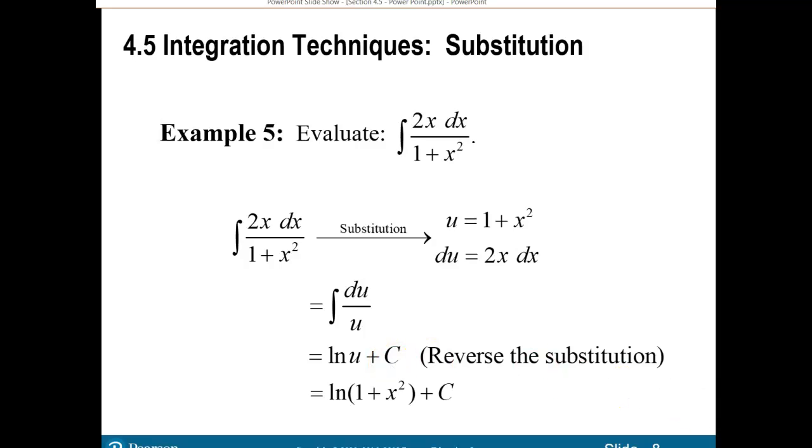Now we're going to reverse it and plug back in our 1 plus x squared for u. So the point here is to make a substitution by looking for some expression whose derivative is also part of the problem. Use your substitution to make a simpler problem, evaluate the easier problem, and then plug everything back in.